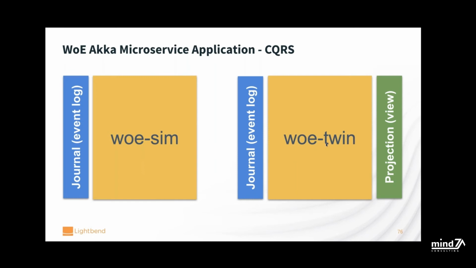It doesn't need it. But the twin service, as I call it, is a planned digital twin. In IoT, the backend is often called the digital twin of the physical device in the real world. That microservice does have a view, a projection.